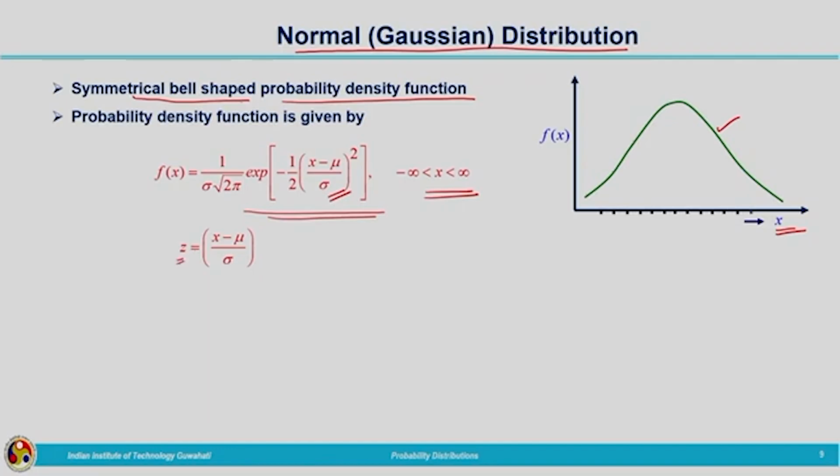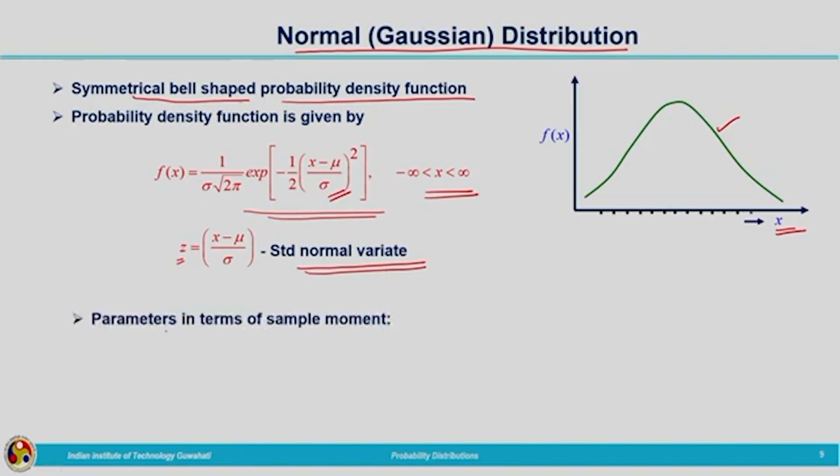Z is equal to x minus mu by sigma, and if we substitute in that particular expression of probability density function, expression will be simplified. So, Z is equal to x minus mu by sigma, and the Z is termed as standard normal variate. We can write the probability density function in terms of standard normal variate also, that is in terms of Z.